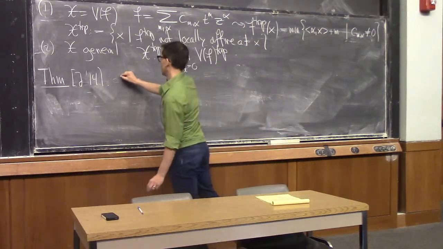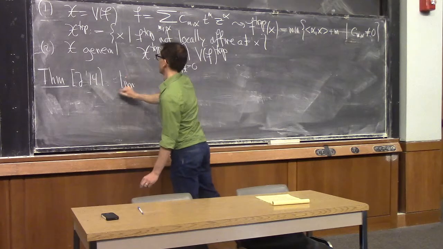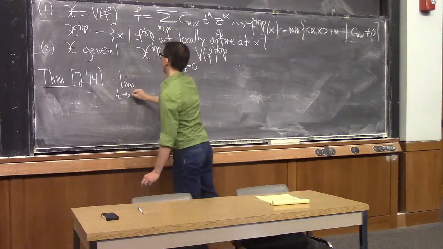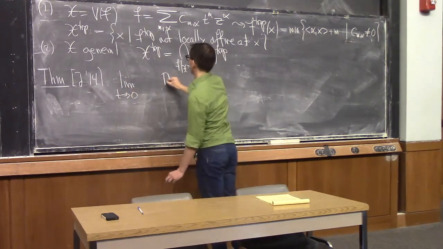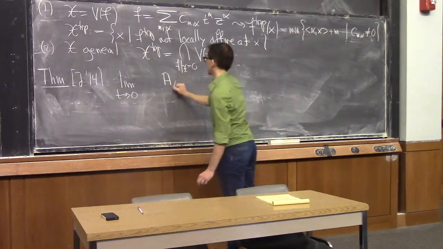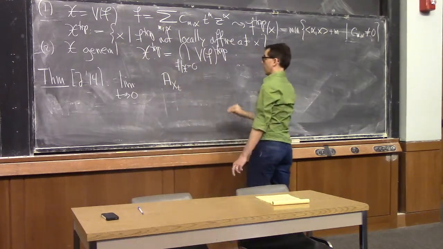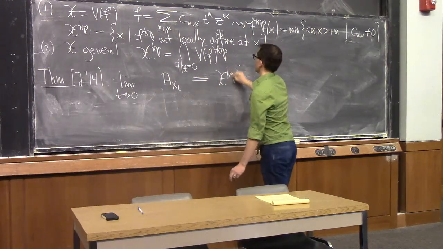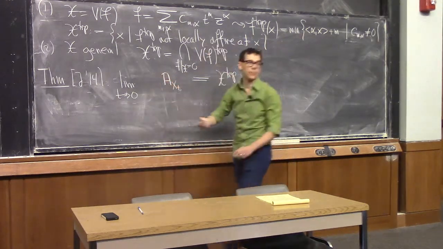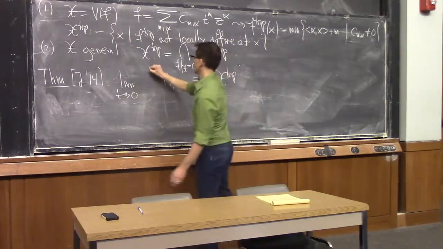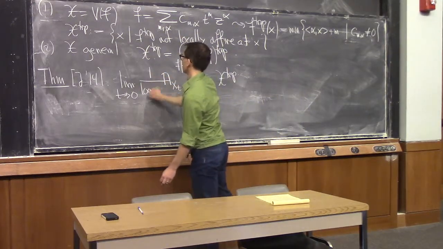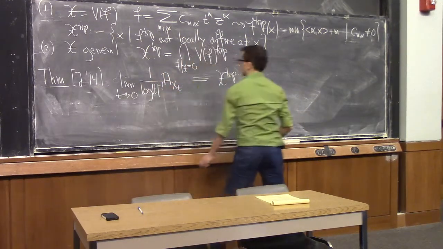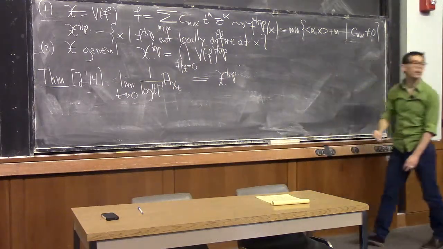So here I want to take a limit as t tends to 0 of the amoeba of x_t, or x_a if you want. And I want to say that this limit is equal to x trop. Except that I have to divide by something, because I need to rescale, and this scaling factor is something like 1 over log 1 over t.